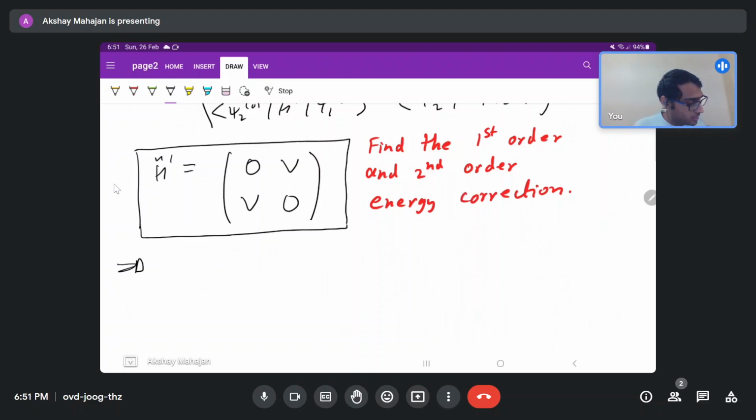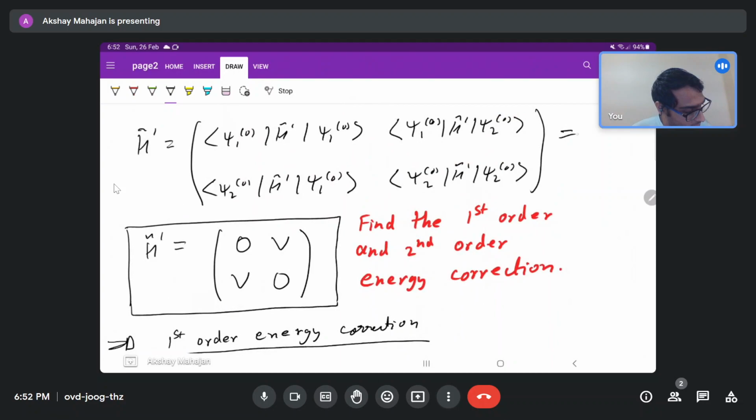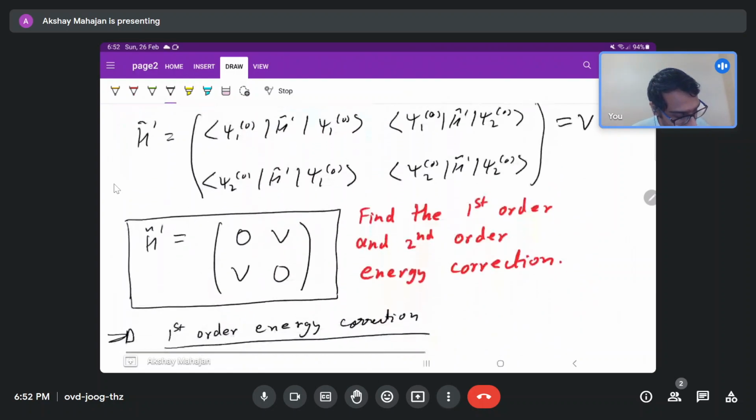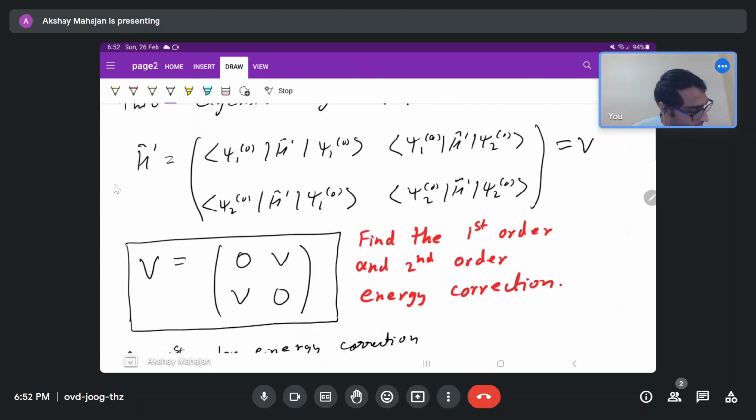Now we know that for the first order energy correction, it is simply given by matrix V. I'm writing this matrix as V because the notation was H prime, so let's just go with H prime only.